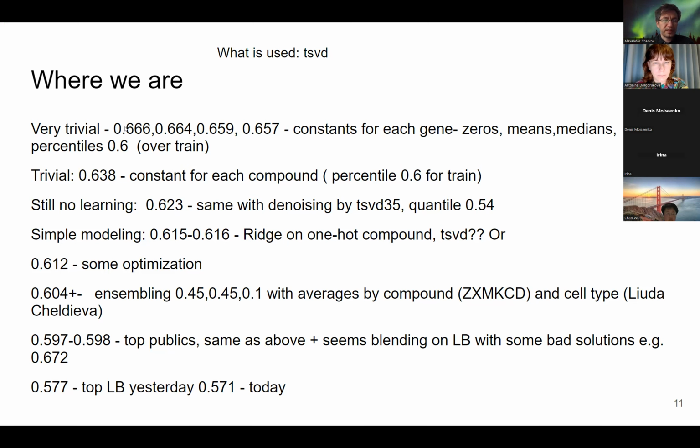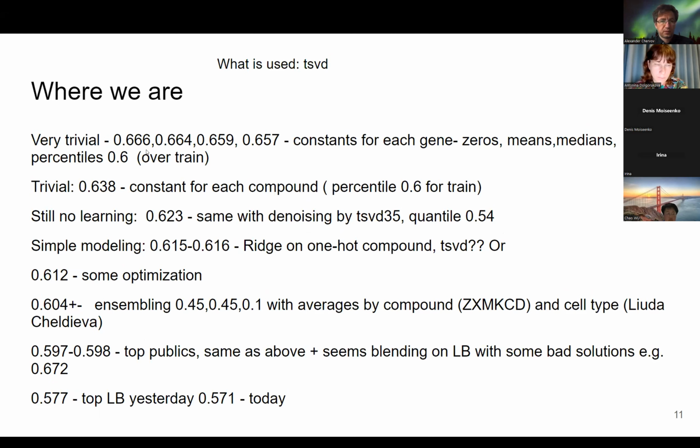The trivial baseline, for example: if you submit all zeros, what will happen? You will get this score, 666. If you are more clever and submit means or medians, or percentiles, you'll get a little bit better score. That's a trivial solution.